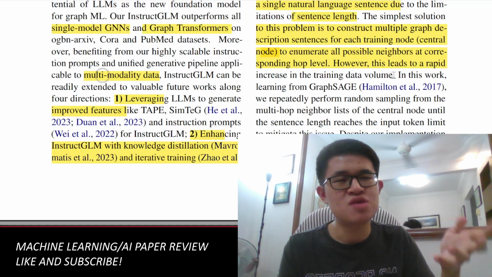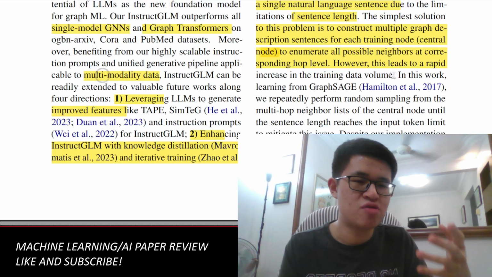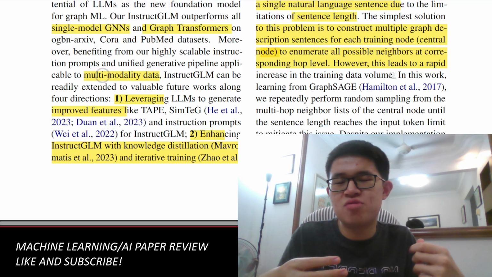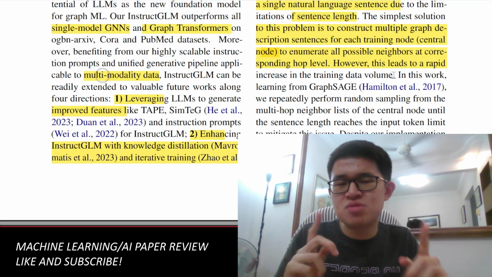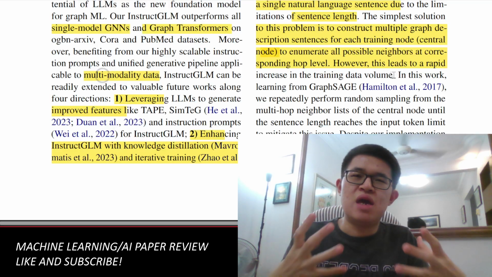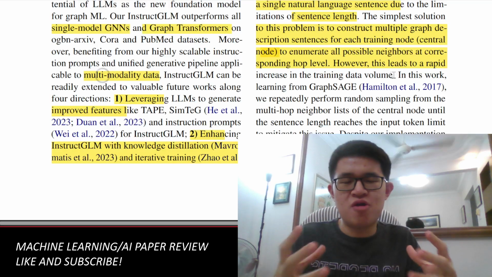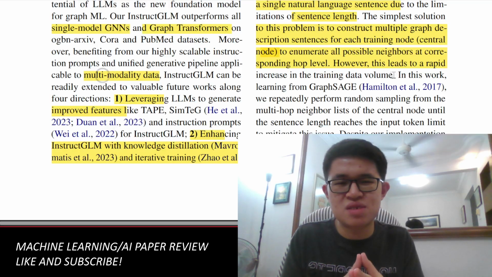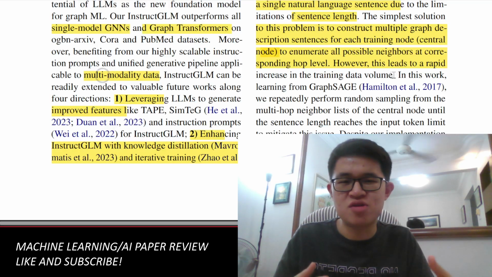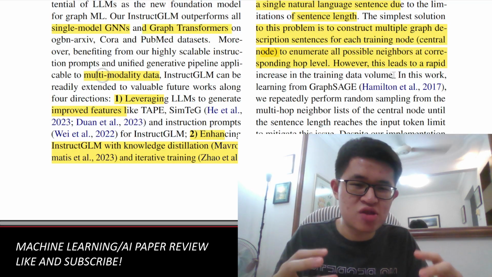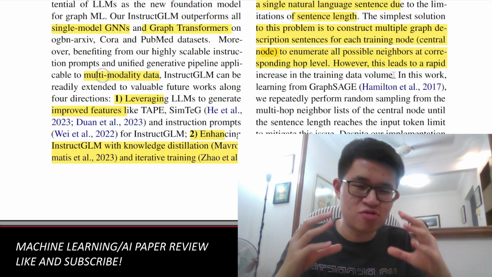Whereas with something like a GNN, where you just have this message passing mechanism, you don't really have this kind of issue. I mean, the problem with LLMs is that to process this interaction information, you need to have this interaction information as an input, as a set of input tokens for the LLM.